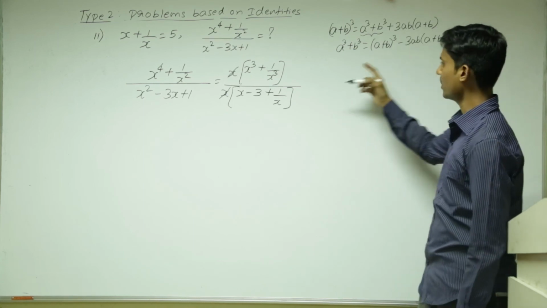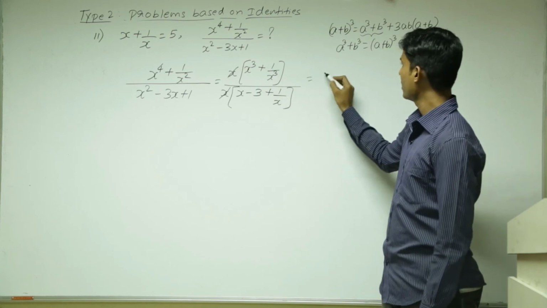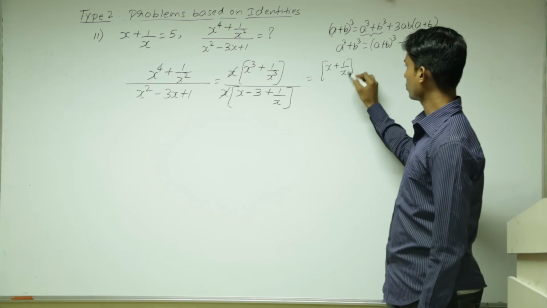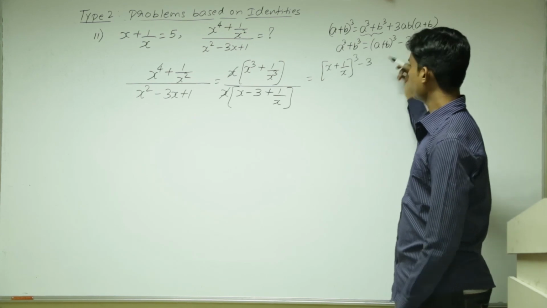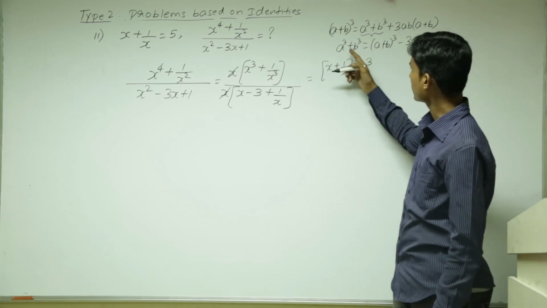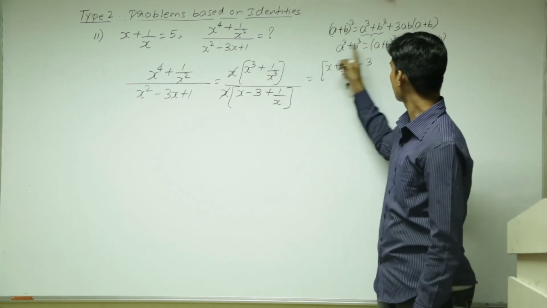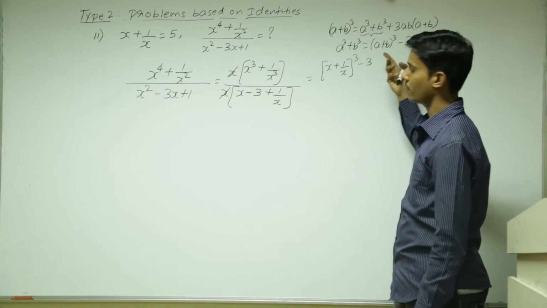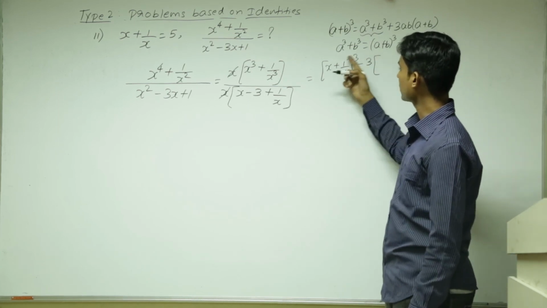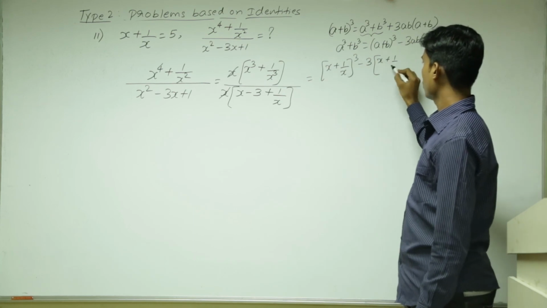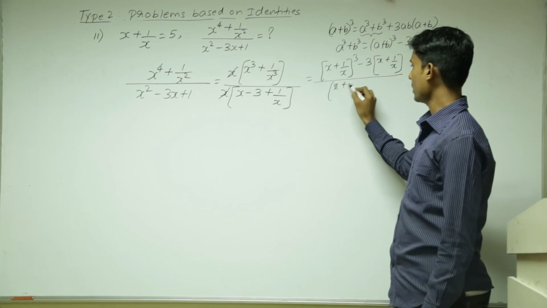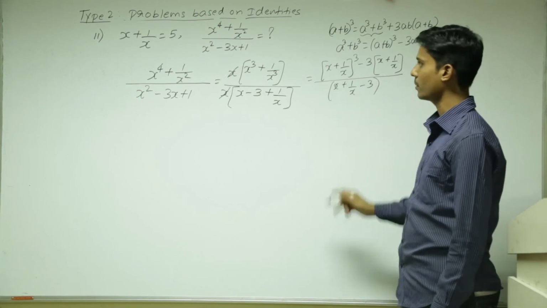Substitute in the numerator: (x plus 1 by x) whole cube minus 3ab, where a is x and b is 1 by x, so it is 3 into x into 1 by x, they will cancel, into (a plus b), which is x plus 1 by x. The whole thing divided by x plus 1 by x minus 3.